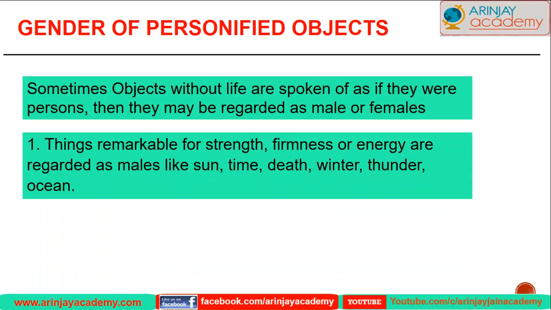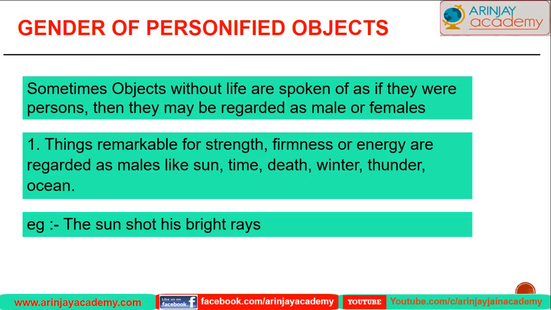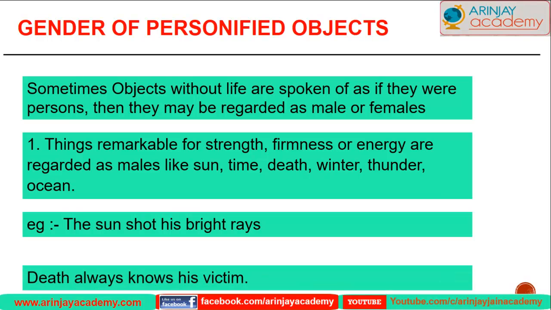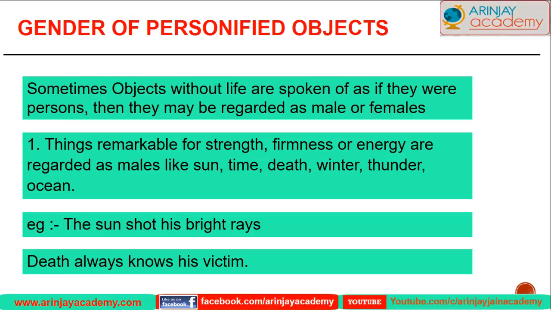Things remarkable for strength, firmness, or energy are regarded as males, like sun, time, death, winter, thunder, ocean, etc. For example, the sun shot his bright rays. Death always knows his victim.